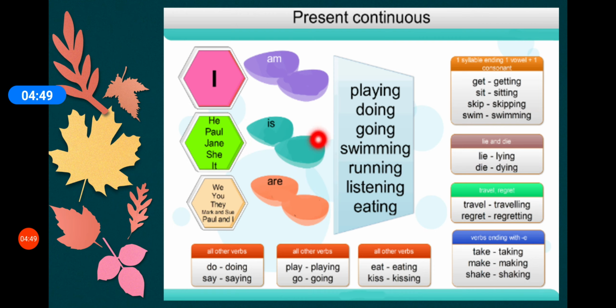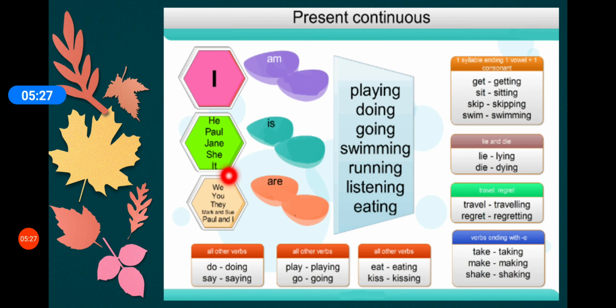Paul is going to the market. Jane is swimming in the pool. She is running. It is listening carefully. So with he, she, it and singular nouns is plus first form of the verb and ing.